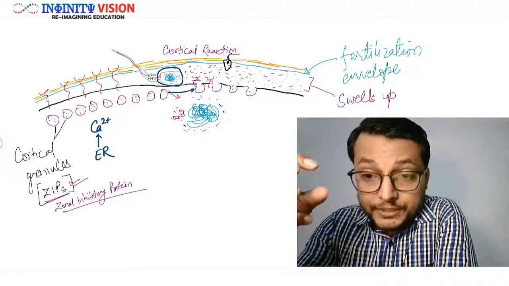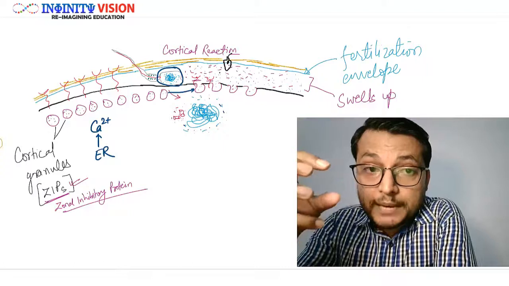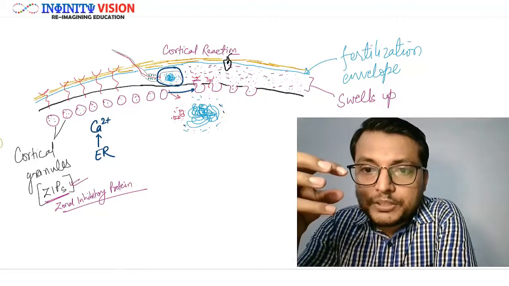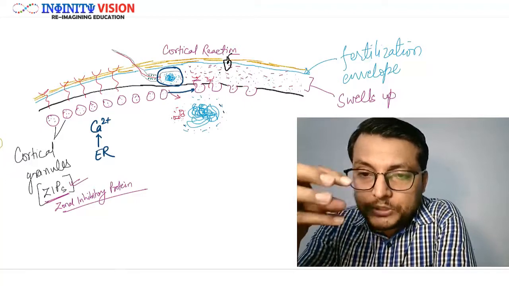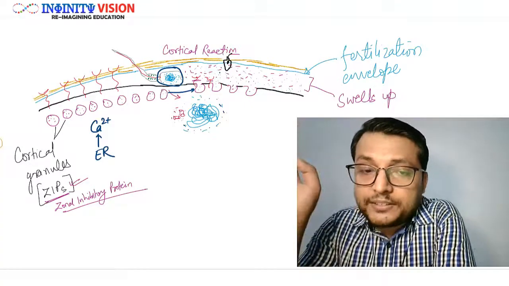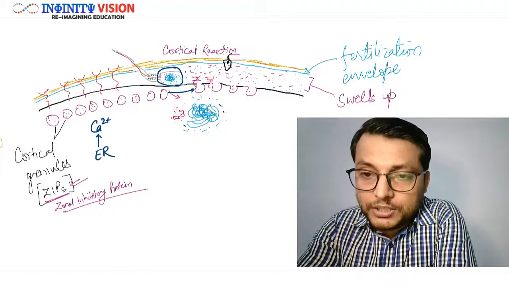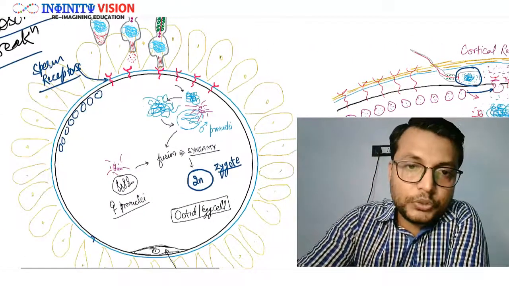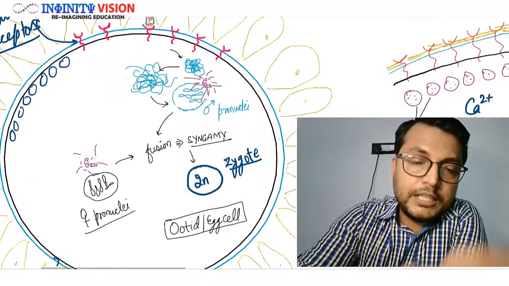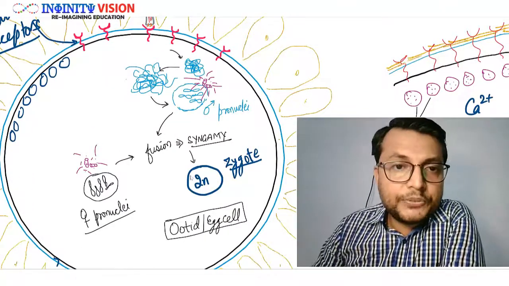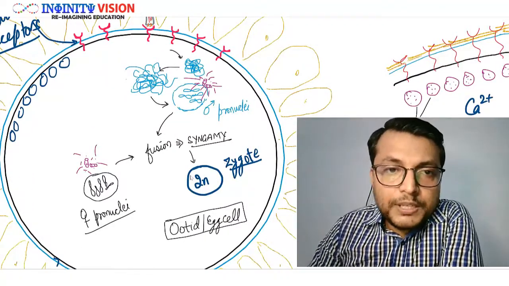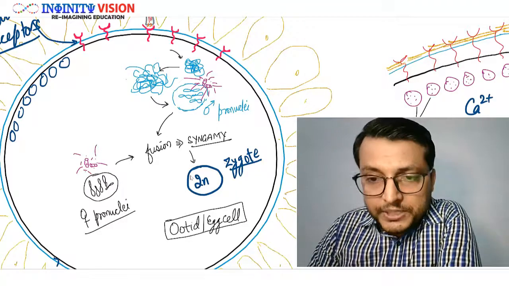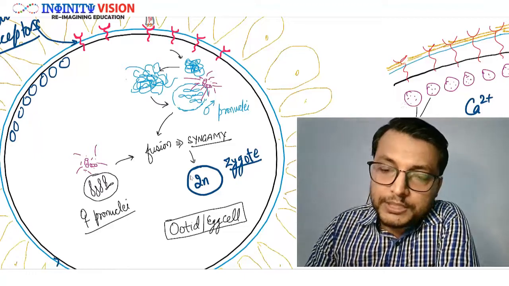Now what happens with the genetic material of the first sperm that has entered into this secondary oocyte? How will this fertilization occur? Let us see. Coming back to this image, now let's see. Considering that this was the genetic material that has entered from the first sperm into this secondary oocyte, correct?